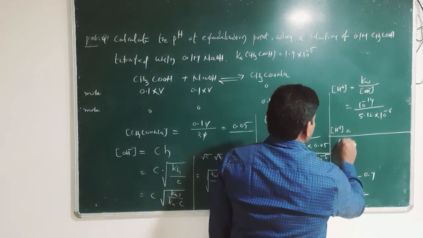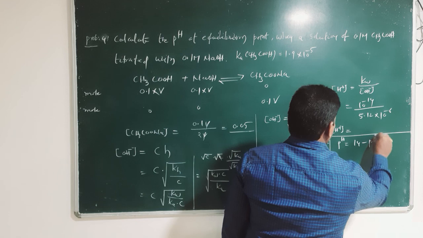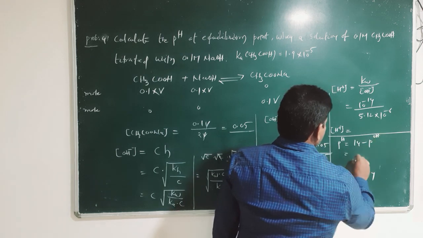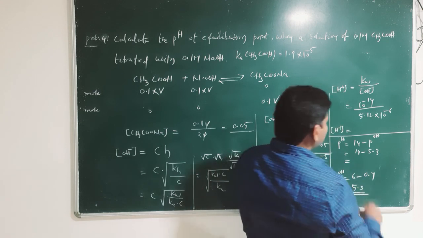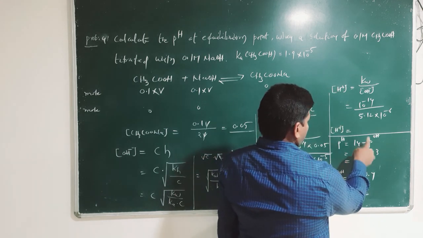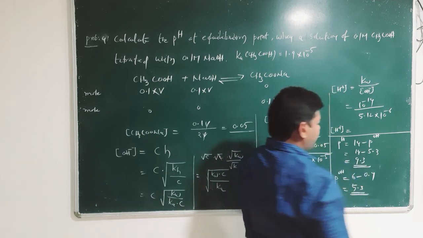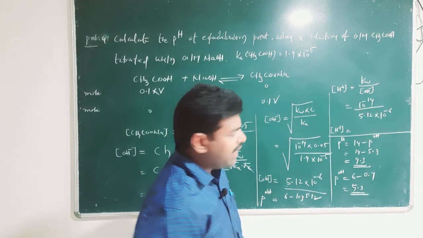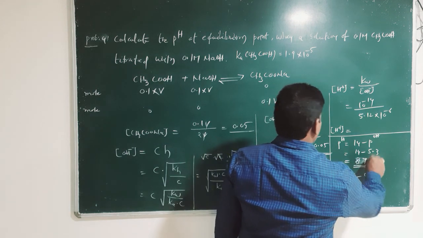So pH is equal to 14 minus pOH. So that is 14 minus 5.3, it is 8.7, sorry, it comes out to be 8.71.